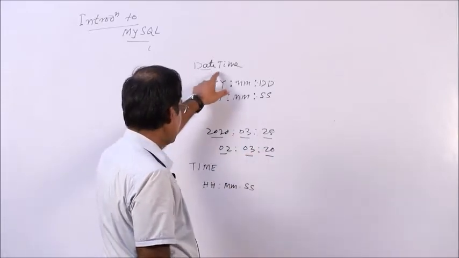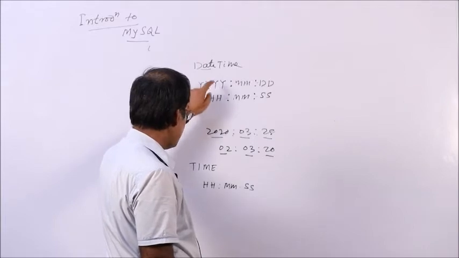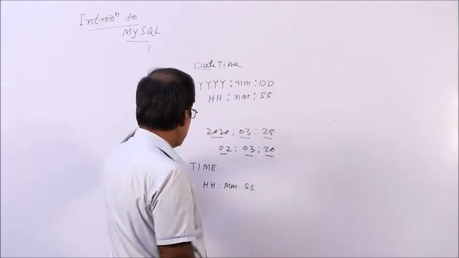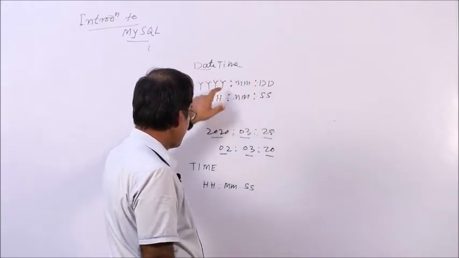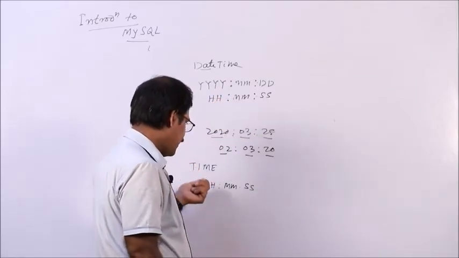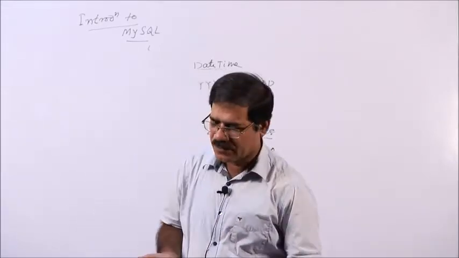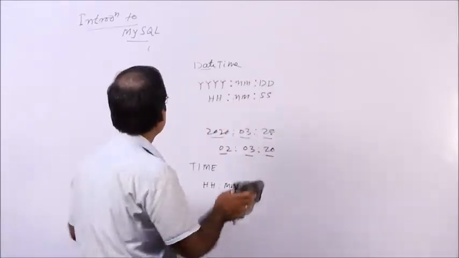If it is a date format, only year, month and day will show. If it is a date and time format, year as well as hour, minute, second will show. If it is a time format, hour, minute and second will show. So, you provide the data in this format.